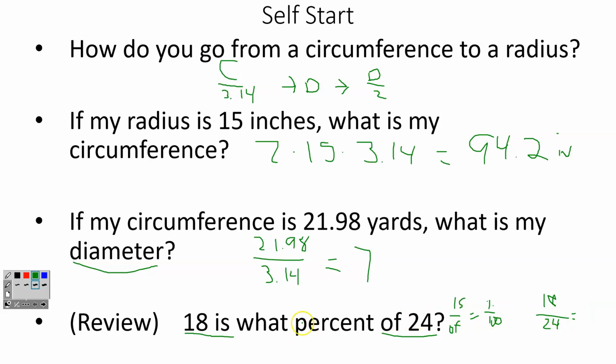When I look for a percent, it says what percent? So there's my x over 100. So we're going to multiply numbers that are diagonal. So we do 18 times 100, and then we're going to divide by 24. And we get an answer of 75. And because it's percent, I'm going to put the percent sign.